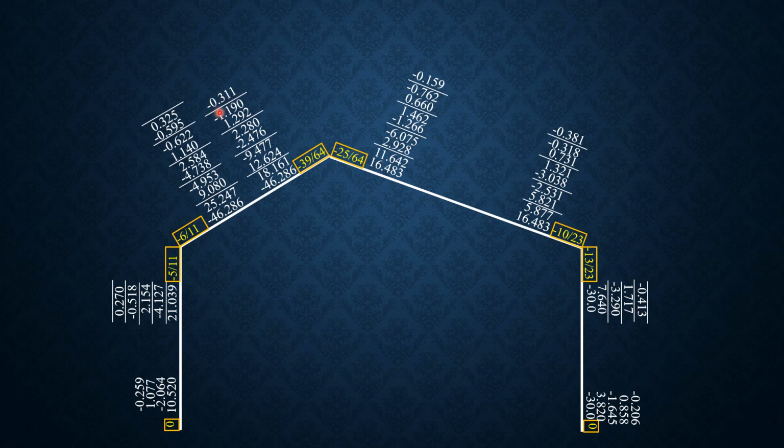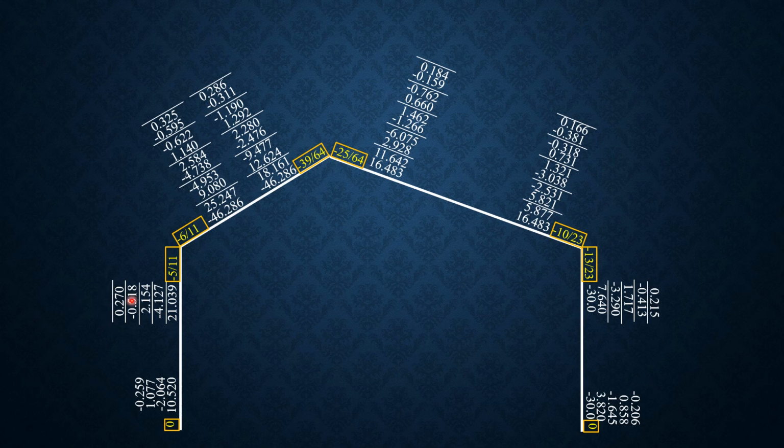Sorry, negative 0.311, then negative 0.159 close times negative 39 over 64, 0.286 lakh. Same quantity times negative 25 over 64, 0.184 lakh. Negative 0.381 times negative 10 over 23, 0.166 lakh. Negative 0.381 times negative 13 over 23, 0.215 lakh.